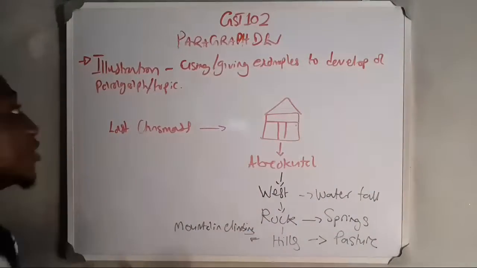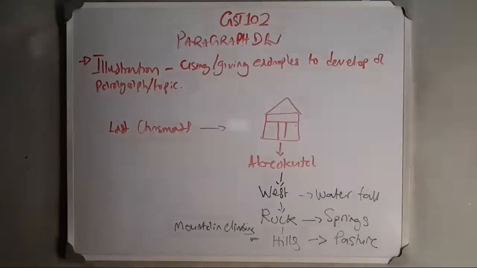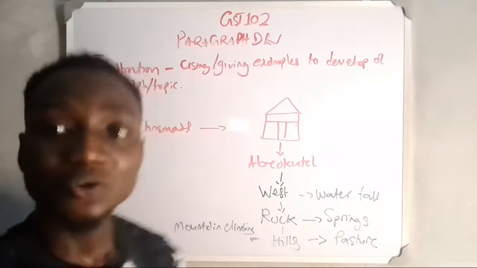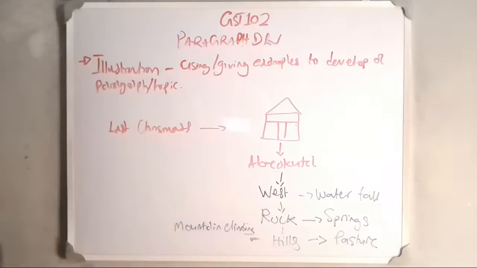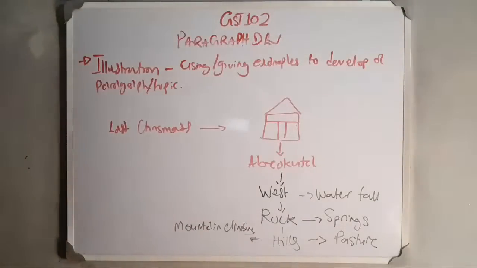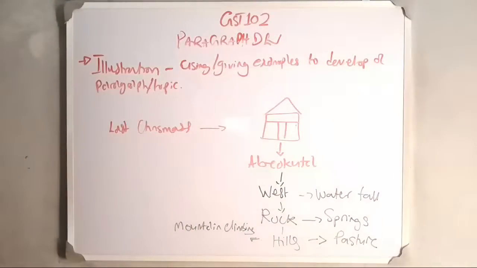The use of illustration to develop a paragraph simply tells us that whenever you are developing a paragraph with illustration, you are giving sufficient examples, sufficient illustration, to make the reader have a better understanding of the topic sentence.